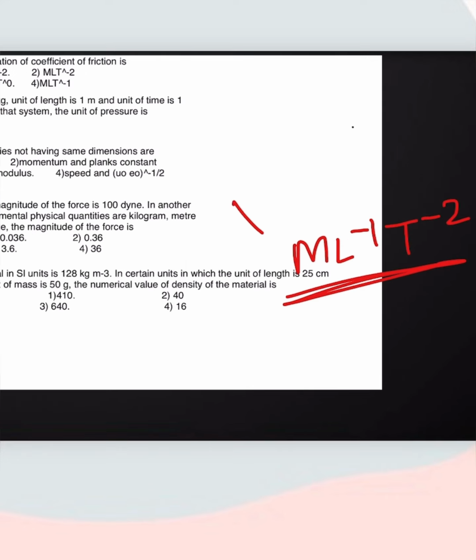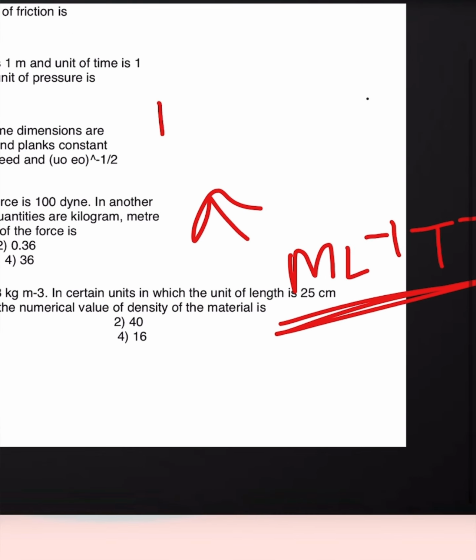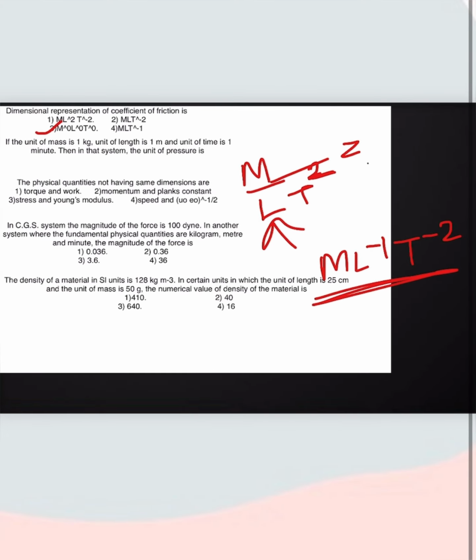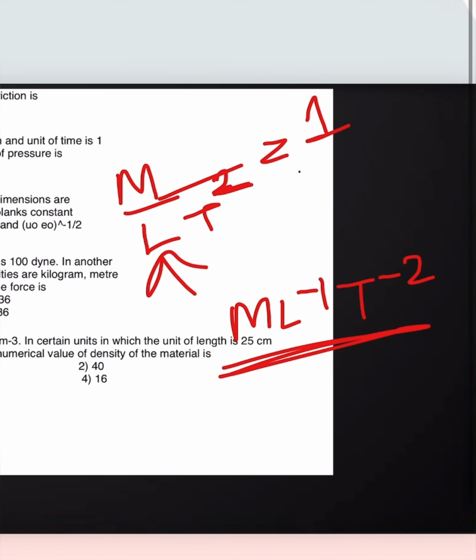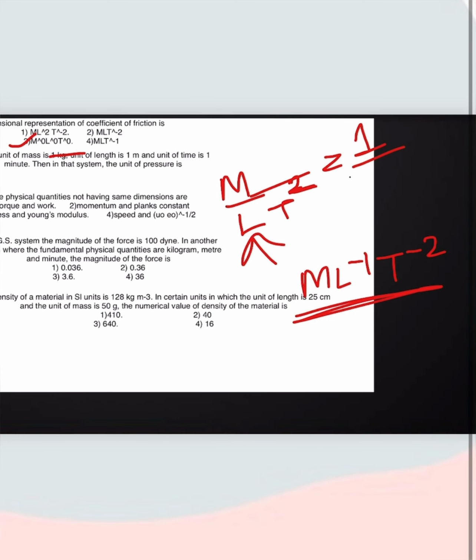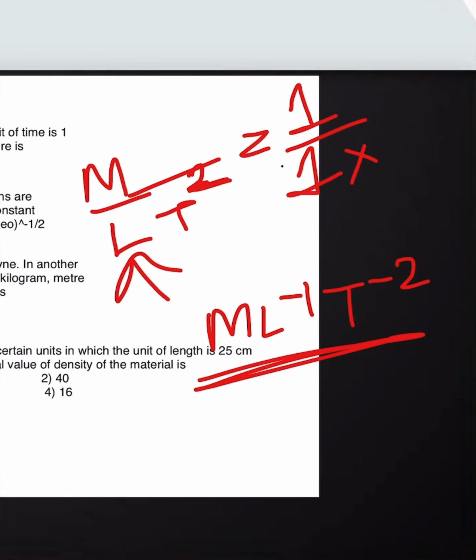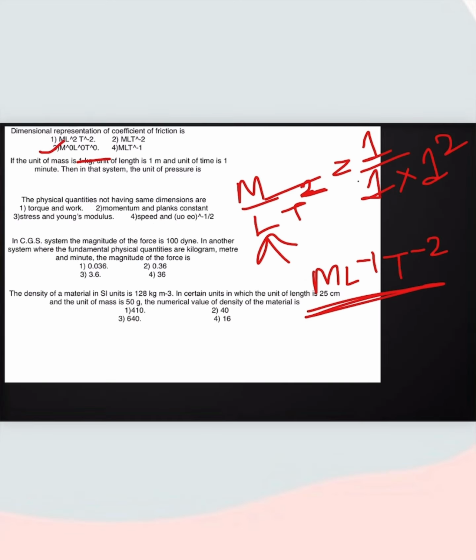We can also write this equation as M divided by L into t squared. So M is equal to 1 kilogram divided by length, which is 1 meter, into time, which is 1 minute, that is 1 squared. So 1 will be the answer.